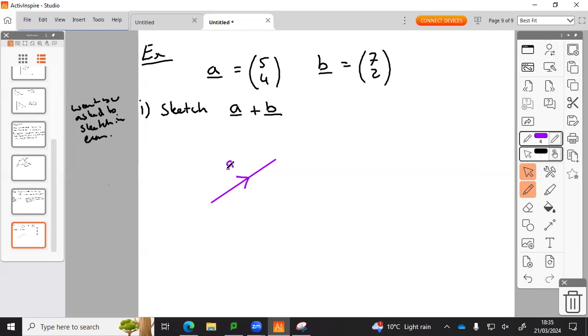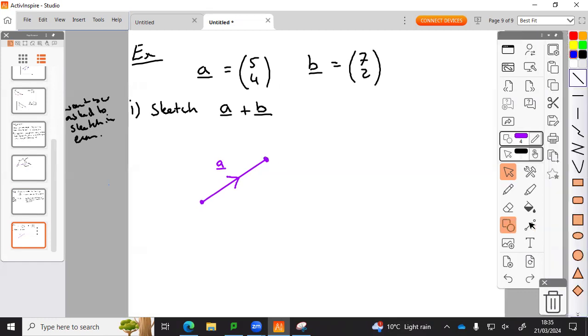So that's a sketch of vector A. Plus B. What I meant by nose to tail in the last wee bit is that's the tail of the vector at the end there, and that's the nose, where the vector finishes. So we're starting vector B where vector A finishes, and I'm adding that on.